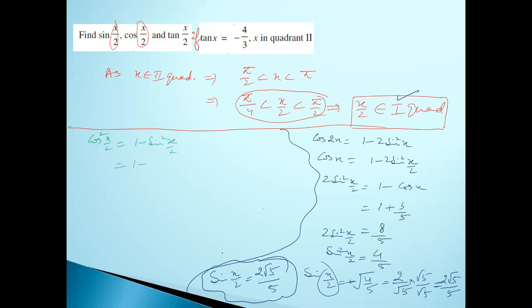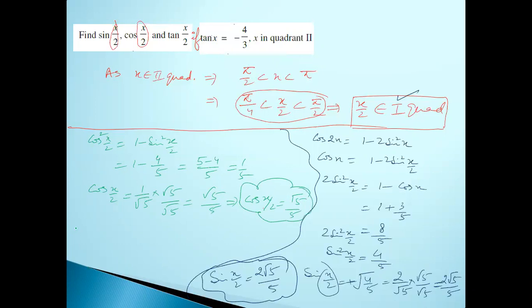That is 1 minus 4 upon 5, that is 5 minus 4 upon 5, that is 1 upon 5. So cos x/2 would be 1 upon square root of 5, and rationalizing it, square root of 5 upon 5. This is cos x/2, which is square root of 5 upon 5.